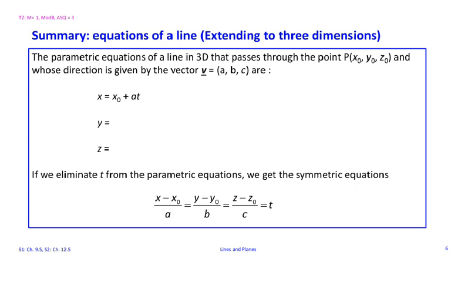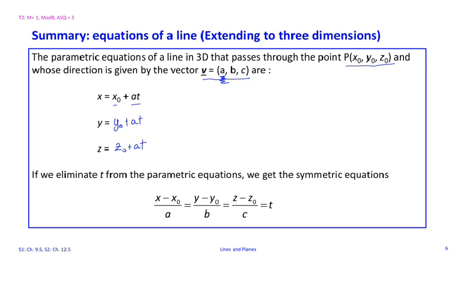If we have a line that passes through the point (x0, y0, z0), and whose direction is given by the vector (a, b, c), then our x component is x0 plus at, where t is just your pronumeral, y0 plus bt, and z0 plus ct.